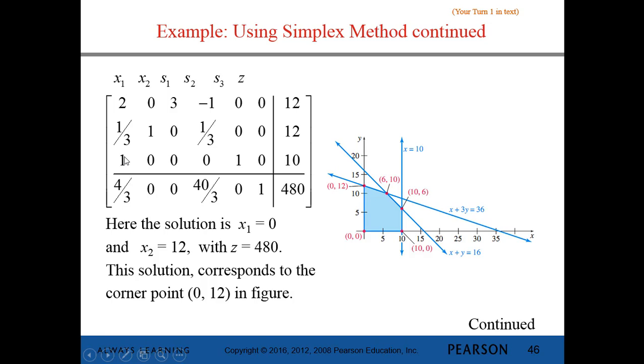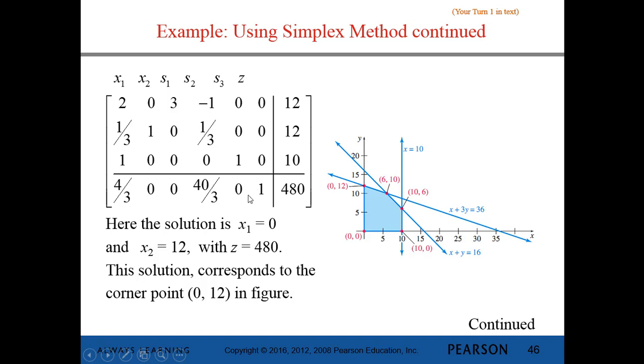So x1 is 0, x2 is 12, and z is 480 because we got 1 here. So these are 0, right? These don't matter because x1 is 0, so 0 times the 4/3 is 0. Well, these two are 0, so it doesn't matter. These two are going to go away, and this is 0, so this is going to go away.